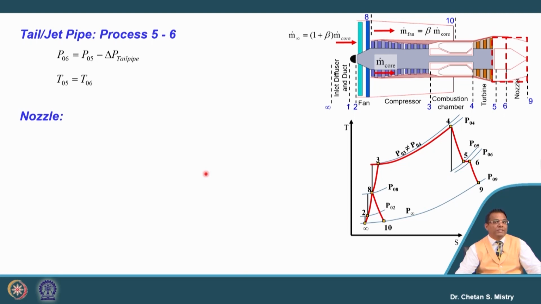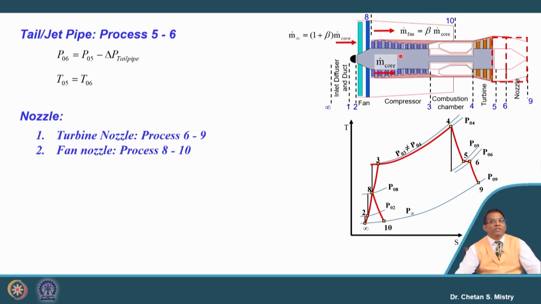This nozzle I say here for turbofan engine we have two nozzles. First it is say my turbine nozzle, that is what I say 6 to 9 or core nozzle, and second that is what is my fan nozzle, it is represented as say from 8 to 10. So, we have done the calculation earlier also for the turbojet engine. So, let us try to understand what need to be done for this nozzle calculation.